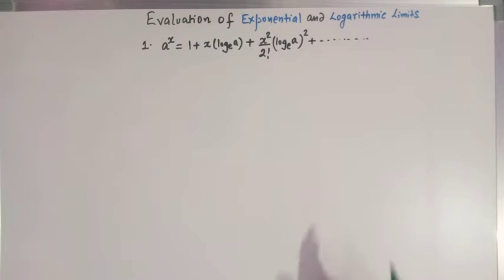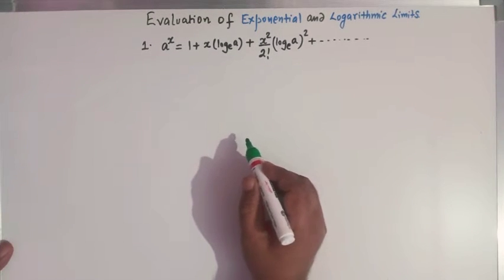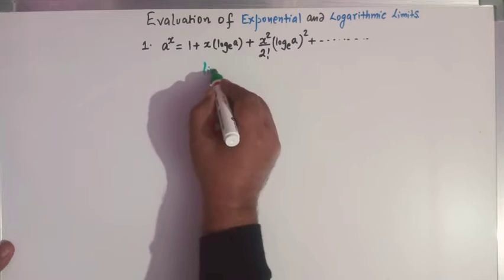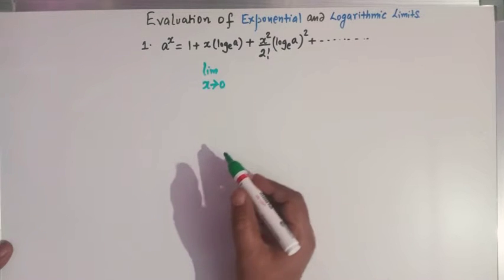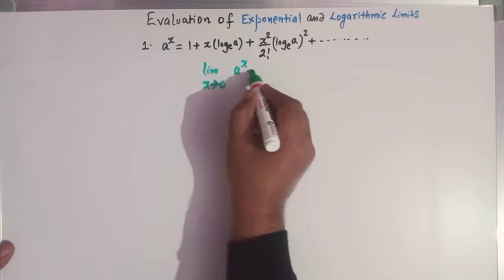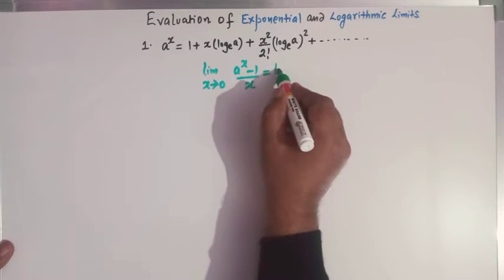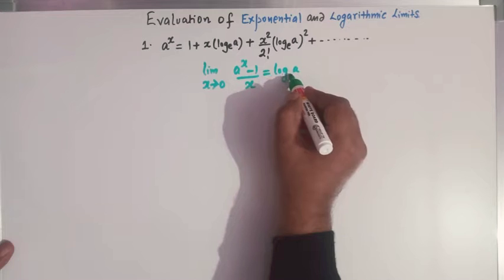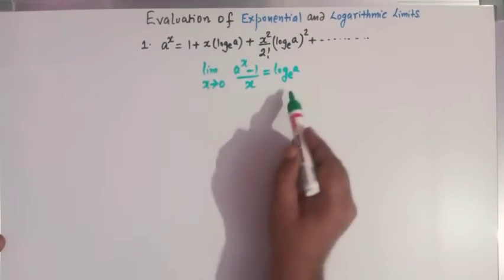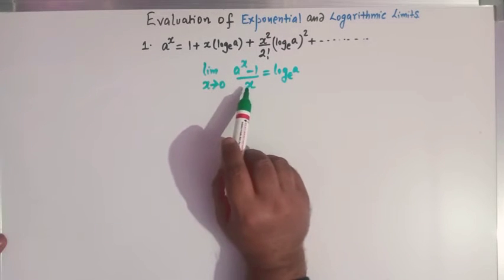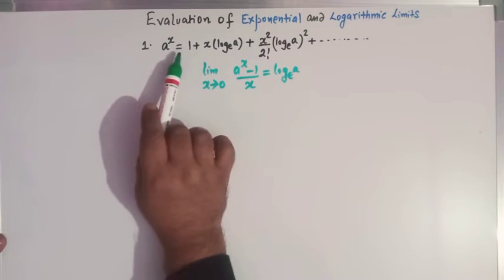So here we will use this infinite series to evaluate this limit, that is limit x tends to 0 of a raised to x minus 1 divided by x is equal to log a to the base e, right? So this is an important limit, and we will prove this limit by using this infinite series.